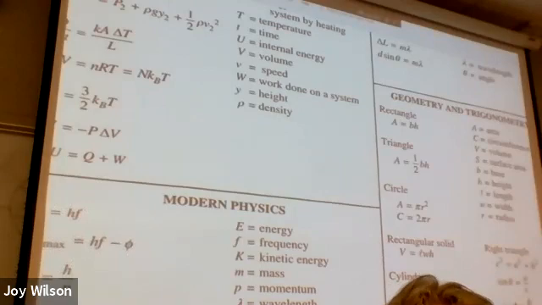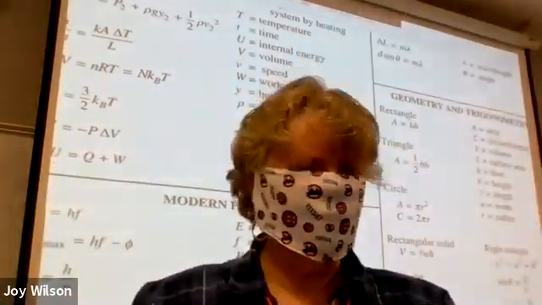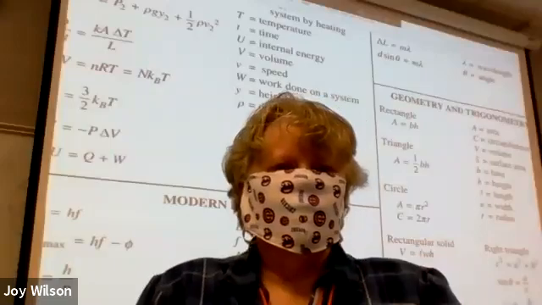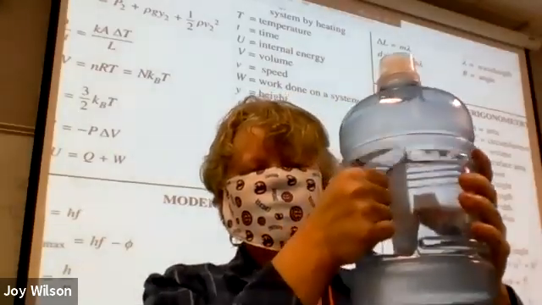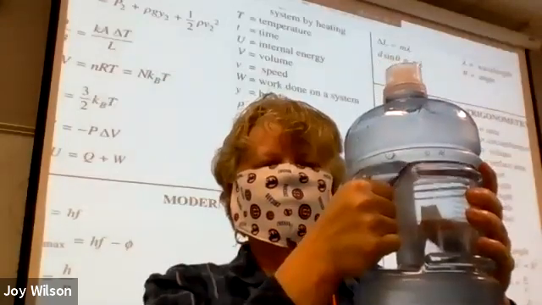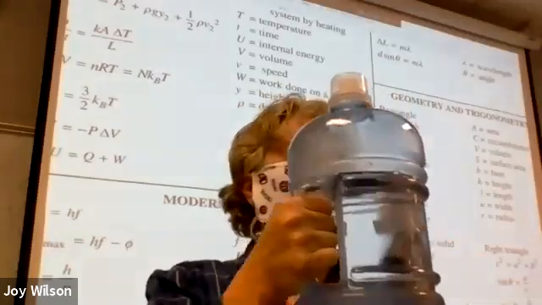I know. I'm getting a little crinkly. For those of you that are not here, I'm getting a lot of the crinkly face look. Like, why are you doing that? So internal kinetic energy, how much internal kinetic energy does my water have? Well, it depends on the temperature, because the temperature tells me how fast the little water molecules are moving.